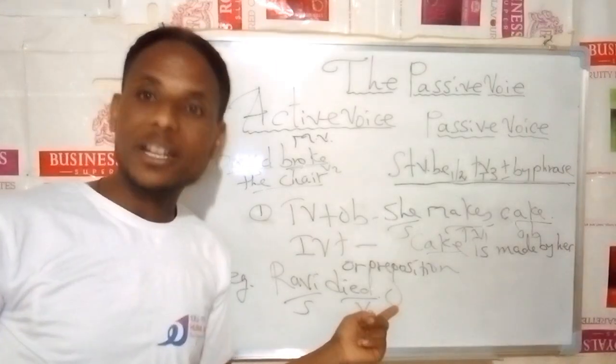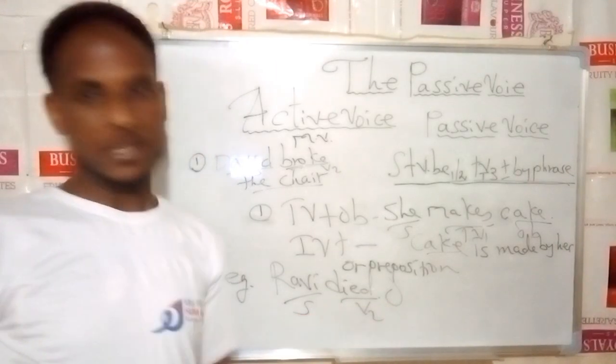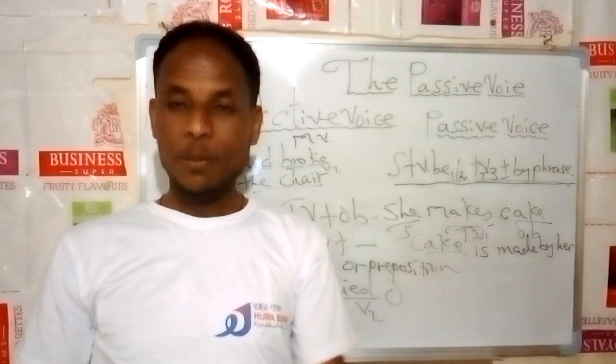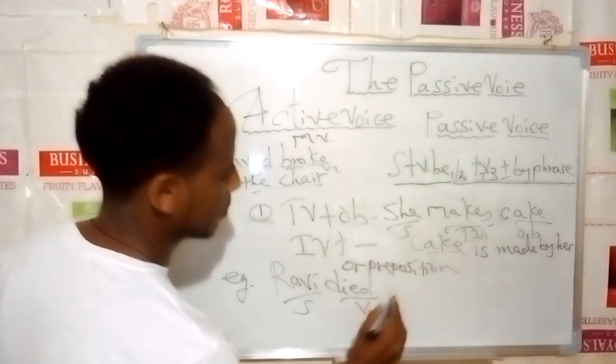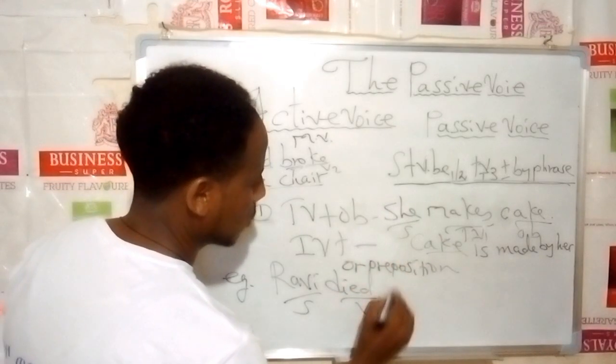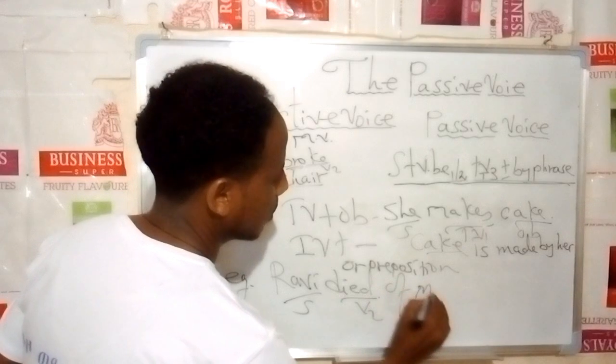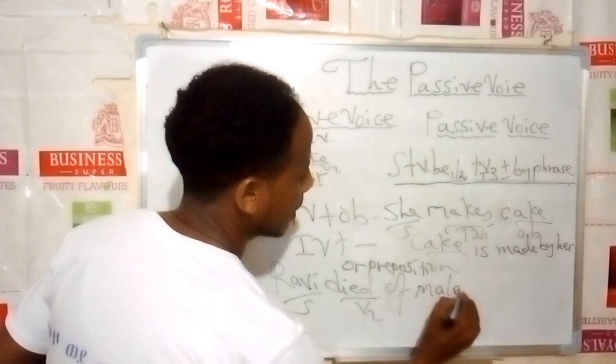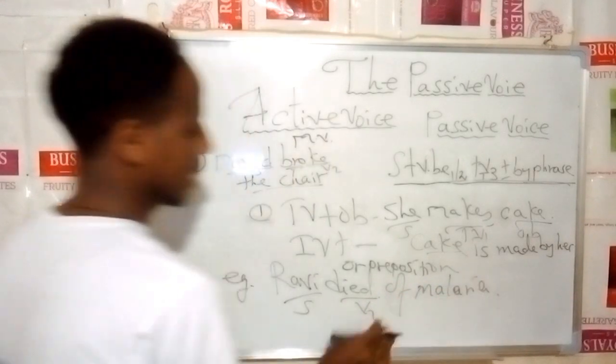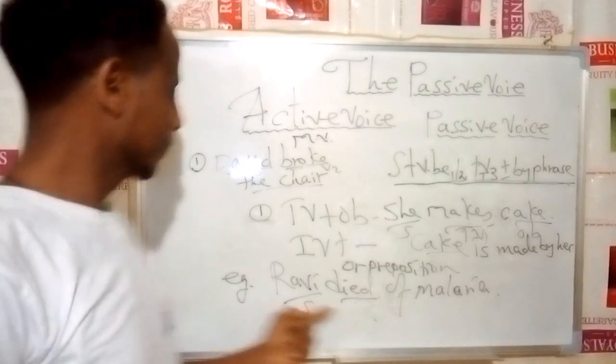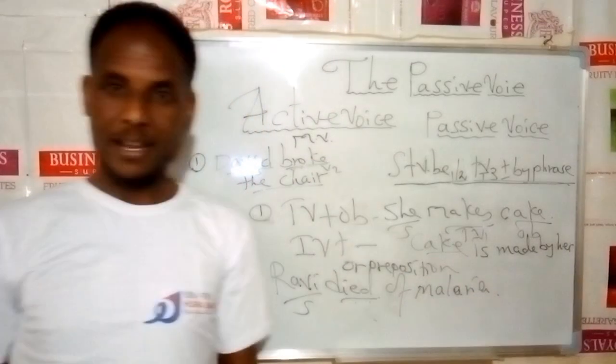So if there is no object in the active voice, it is unable to form a passive voice. Sometimes the verb may be followed by a preposition, for example: Ravi died of malaria.